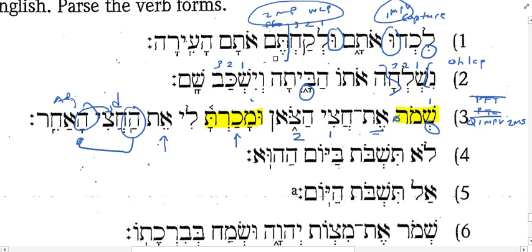This is an imperfect or jussive. It's ambiguous here, right? It's imperfect or jussive, and with the prefix yod and no ending, it's third masculine singular. But look, it's coming on the heels of, and in sequence with, the cohortative.